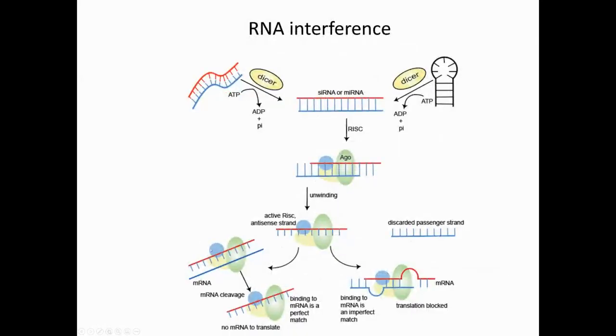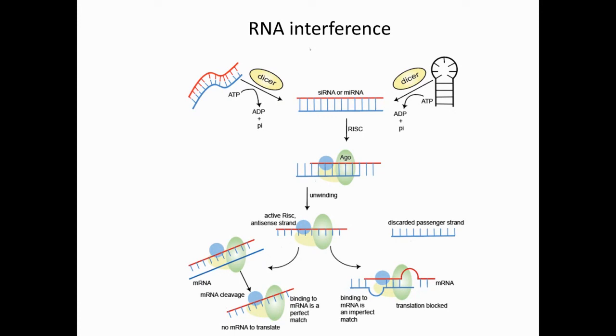And then for RNA interference, the internal miRNA and the external siRNA can be cut by Dicer.